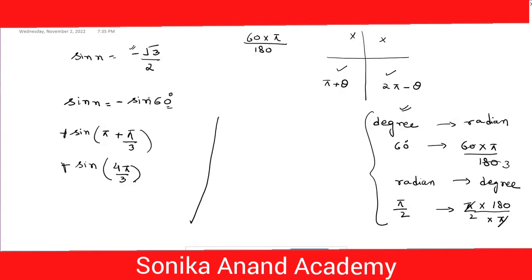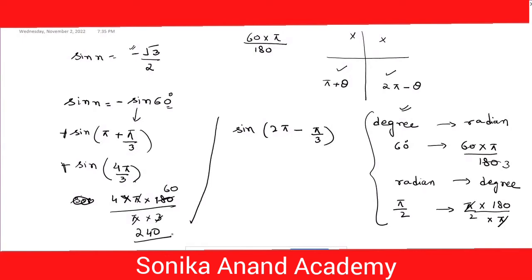Here sine became positive because we converted degrees into radians. Listen, you can also convert it into an angle easily: 4 into pi into 180 by pi into 3, that is 4 into 60. So you get your answer, 240. But I teach you this method also.